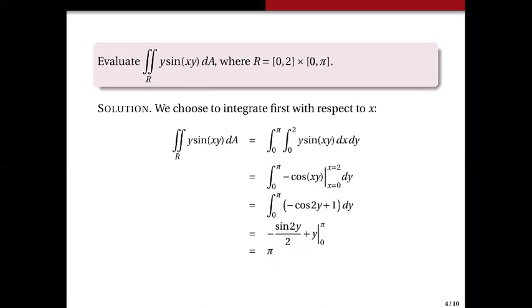So if you have the freedom to choose which variable to use first, then choose the one with easier integration. Questions?